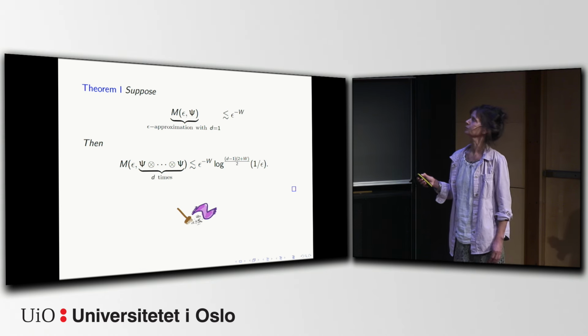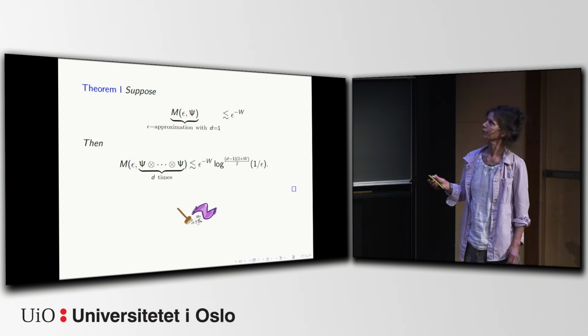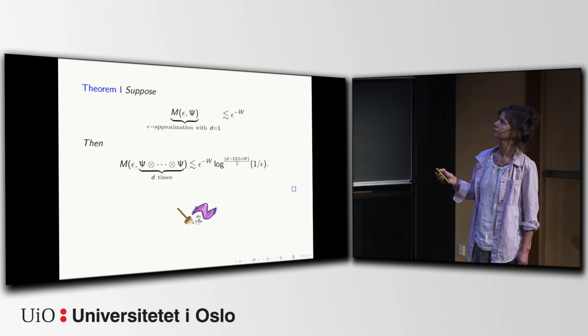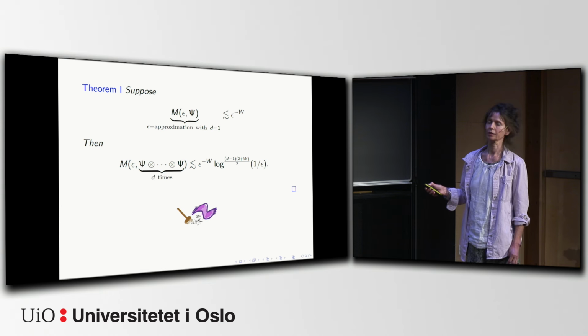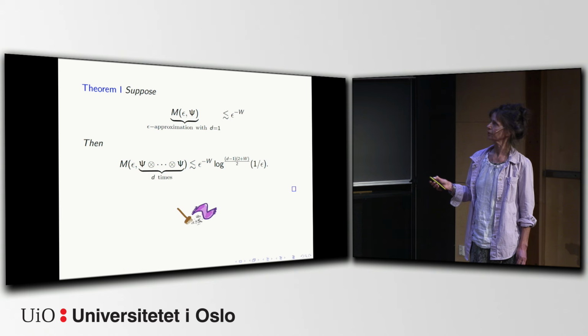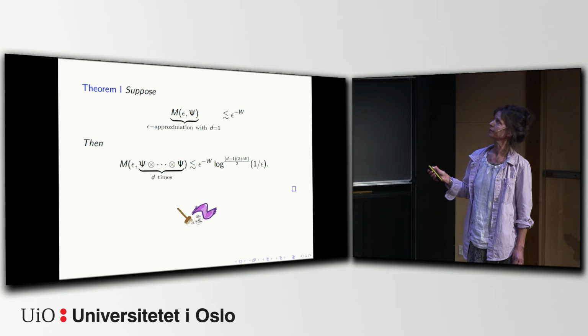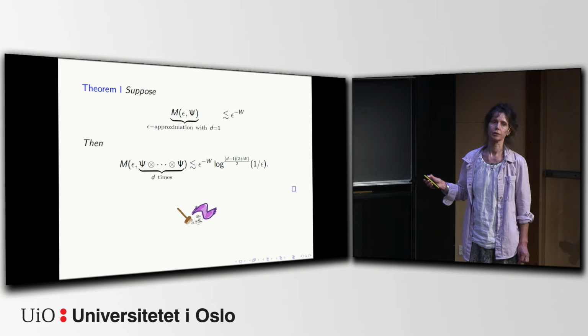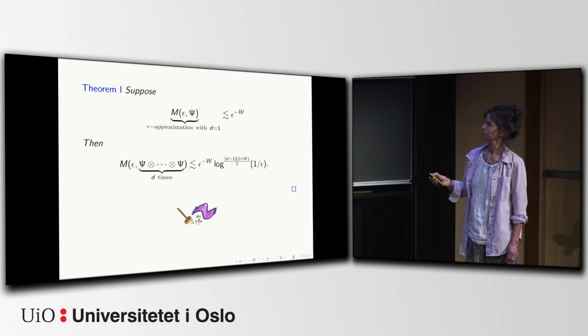And if you assume that the approximation number with one dimension equal to 1 is polynomial in epsilon with exponent w, then in d dimensions it's still polynomial with exponent w, the same w, and the dimension now only occurs in the log terms.